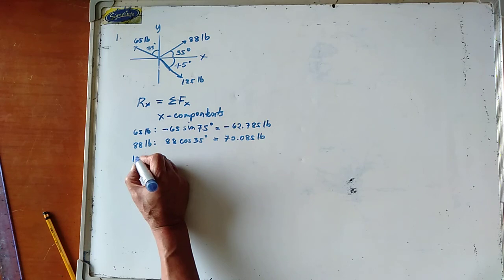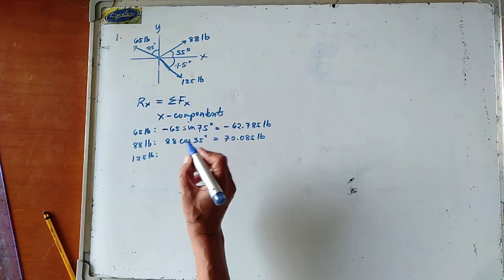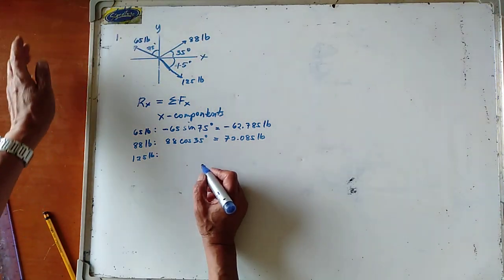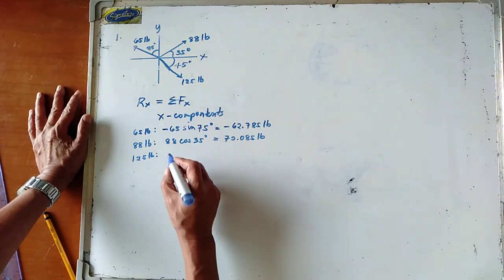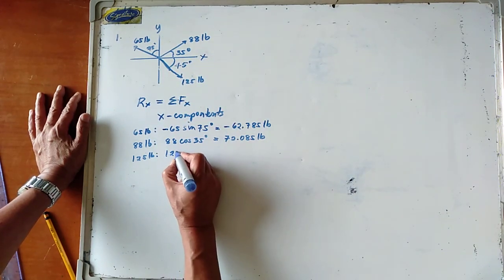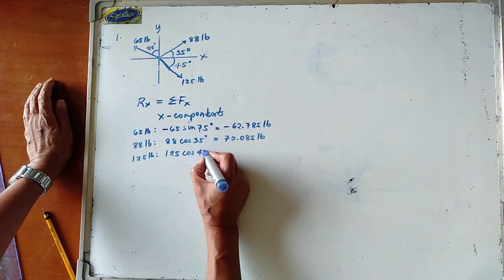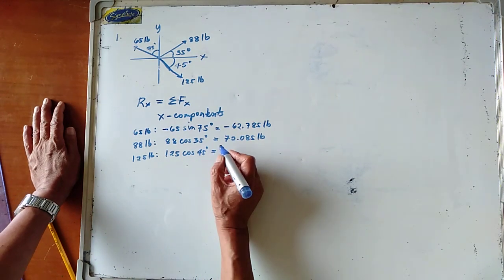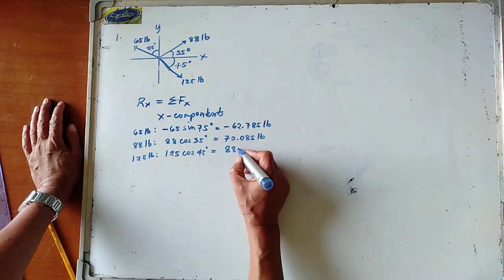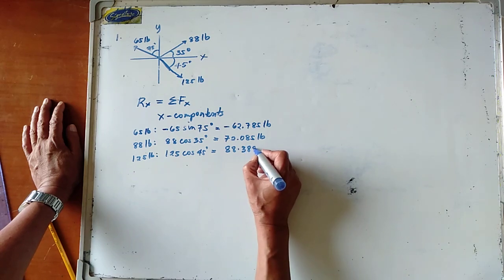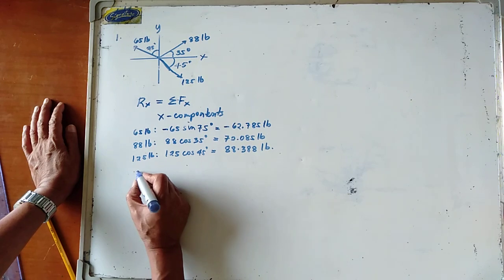And for the 125 pounds, again, the x component is directed to the right, so we have positive 125 cosine of 45 degrees, and this is equal to 88.388 pounds.